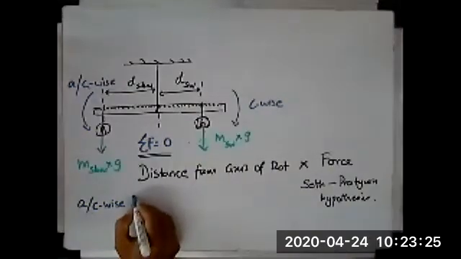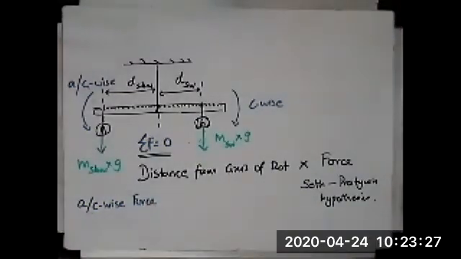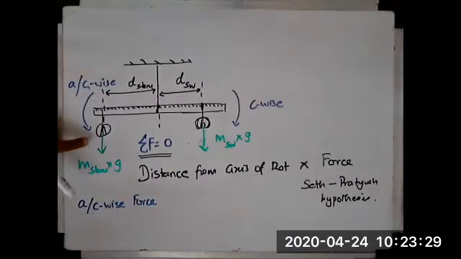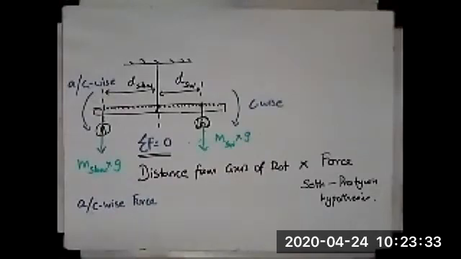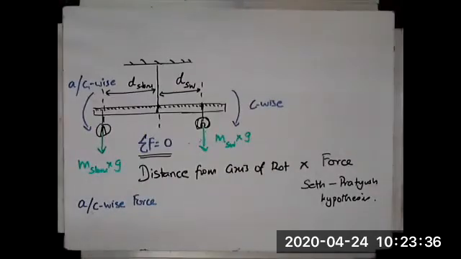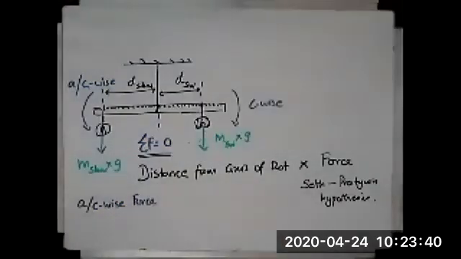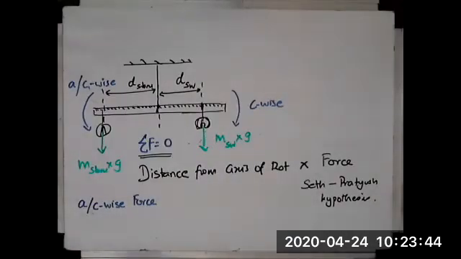So I'll write force, but obviously that's not correct, right? Because the force by itself does not define it. It's not just the force, it's the force multiplied by the distance from the axis of rotation.